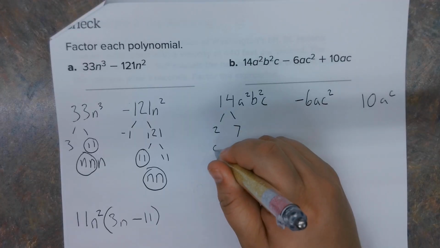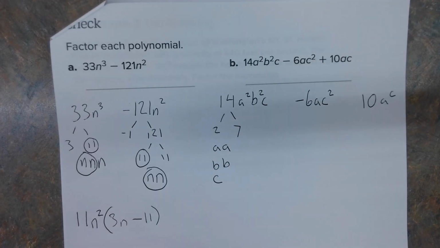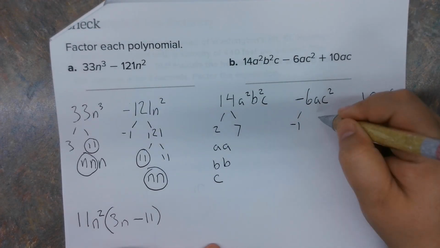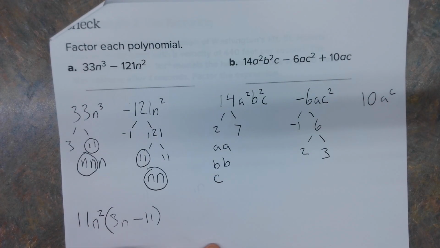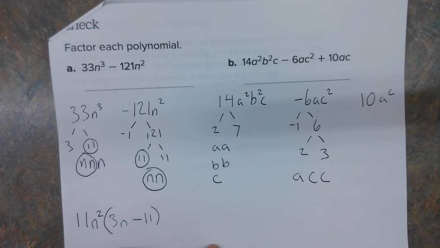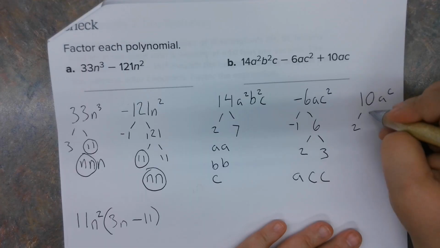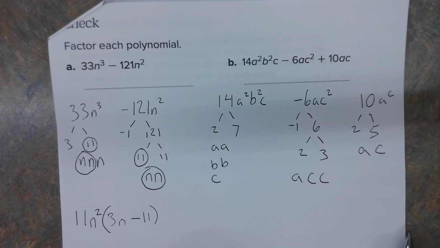So then I have 2 a's, 2 b's, and a c. Negative 1 and 6. 6 is 2 and 3. And then I have an a and 2 c's. I've got 2 and 5. And then an a and a c.